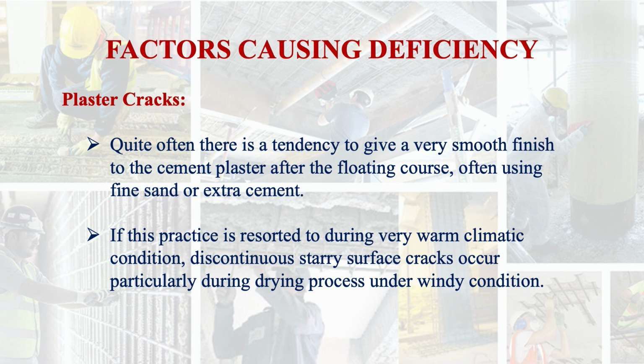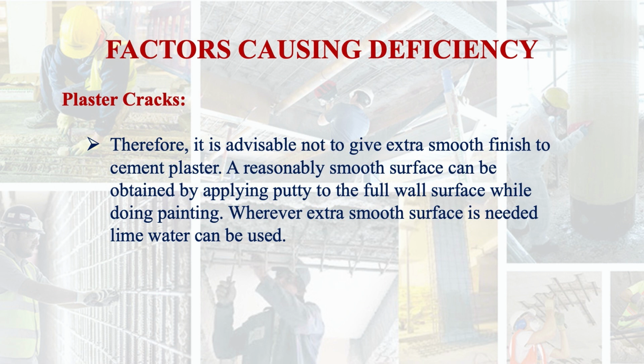Discontinuous starry surface cracks may occur, particularly during the drying process under windy conditions. Therefore, it is advisable not to give extra smooth finish to cement plaster. What can we do alternatively? A reasonable smooth surface can be obtained by applying putty to the wall surface while doing painting. Wherever extra smooth surface is needed, lime water can be used.